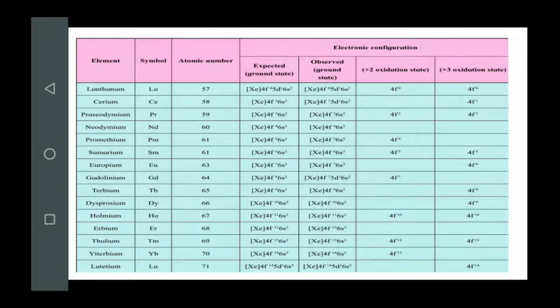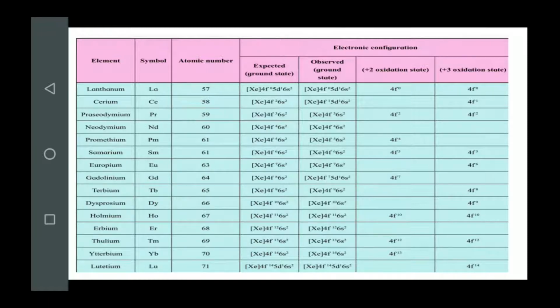Then let's move down to praseodymium. In praseodymium we have 59 electrons, so up to 56 it is the same as Xe 6s2. Then 3 more electrons are there, so what we expect is that these 3 should go in the 4f orbital. This is what is expected, and this is what is observed also.